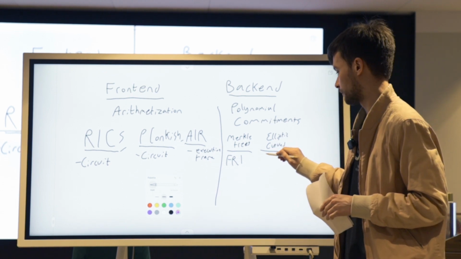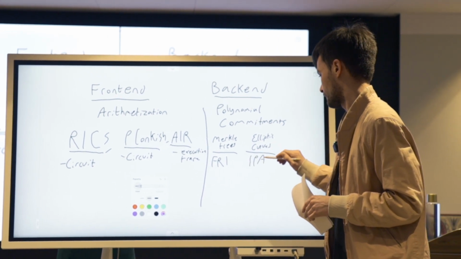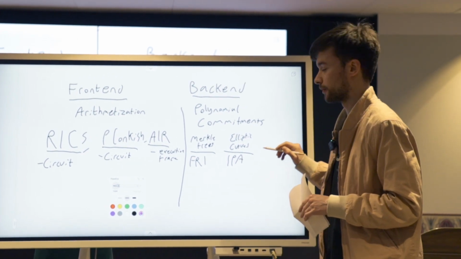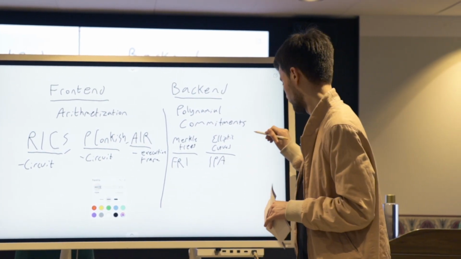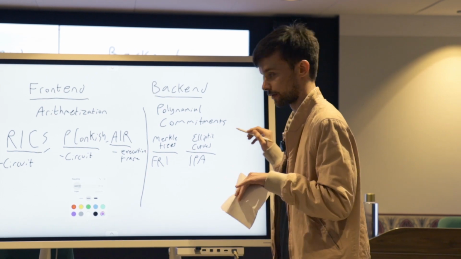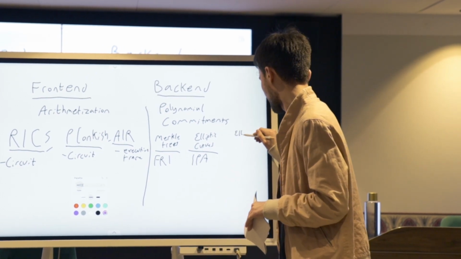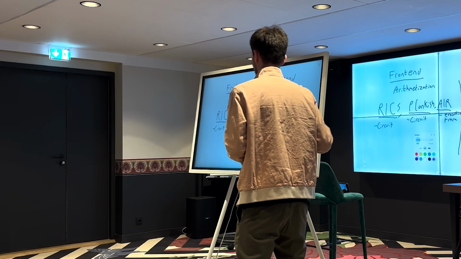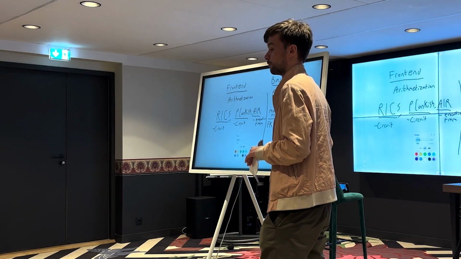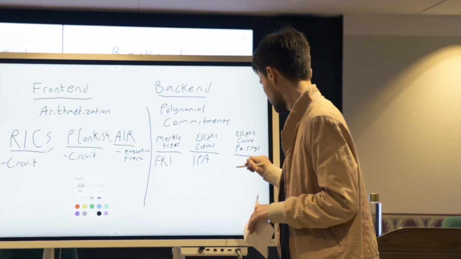This scheme is called IPA. And the third category is elliptic curve pairings, which is a fancier kind of elliptic curve thing. And the most famous pairing-based polynomial commitment is KZG.